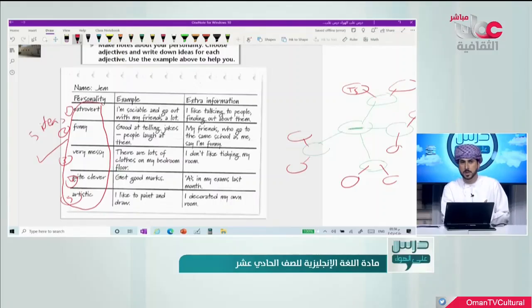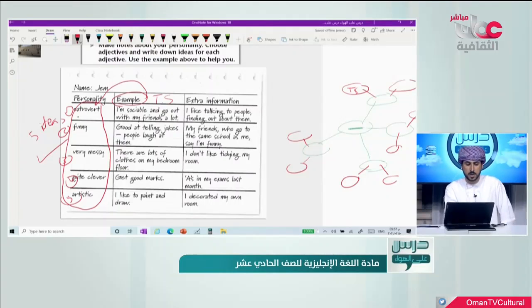So it means what? Think about it. Good. It means that we are going to write 5 paragraphs, because we said that in each paragraph you have to write about one idea only. Example. This is what? This is the topic sentence that you will write in order to describe your idea.